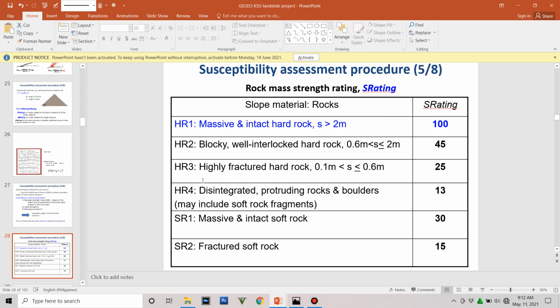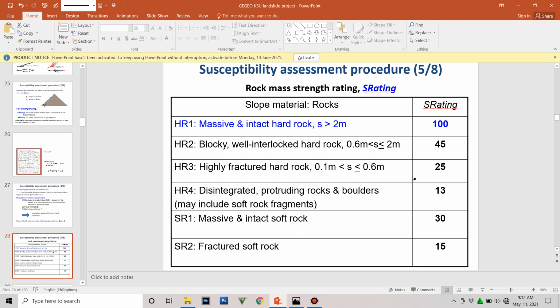And then we also have hard rock 3. This is highly fractured, wherein the spacing is very close, from 4 inches to 0.1 meter to 2 feet. So, very close. You can clearly see that the rock is highly fractured.